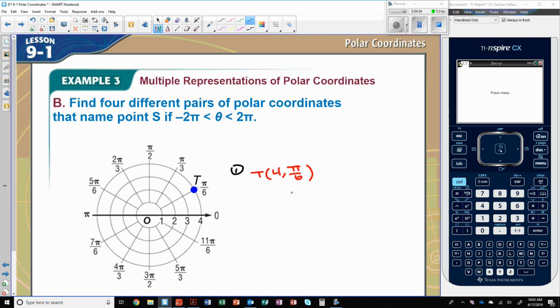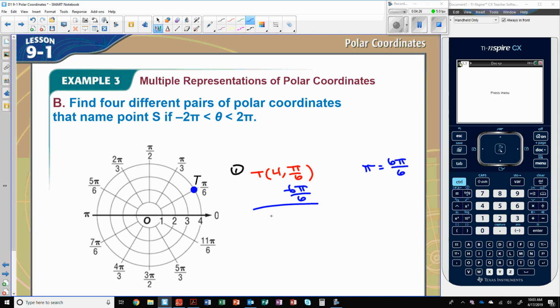I'm going to add and subtract pi. So I'll start by subtracting pi. Because this is a fraction, I need a common denominator. So the denominator needs to be 6, and I'm going to subtract 6 pi over 6, because 6 divided by 6 is 1.